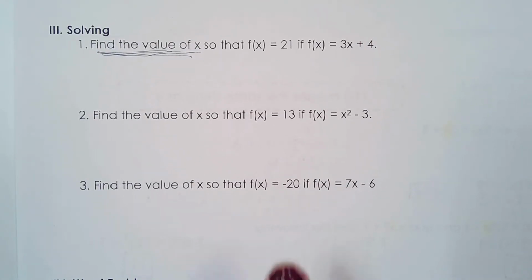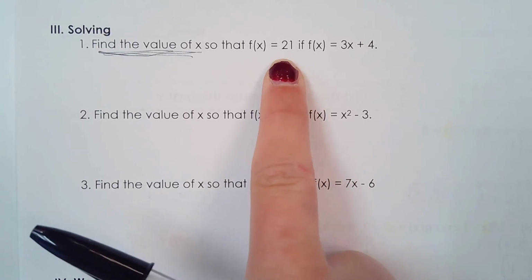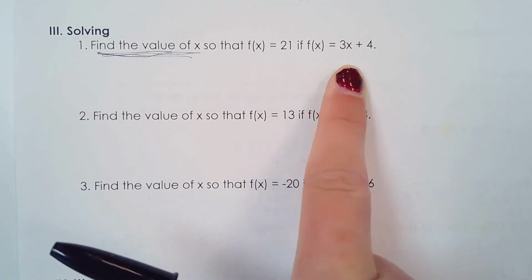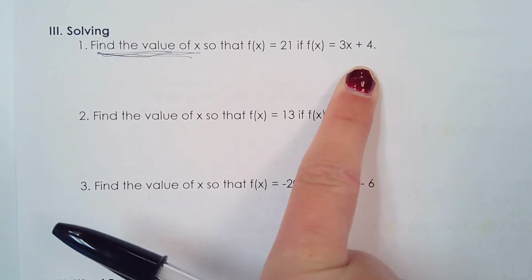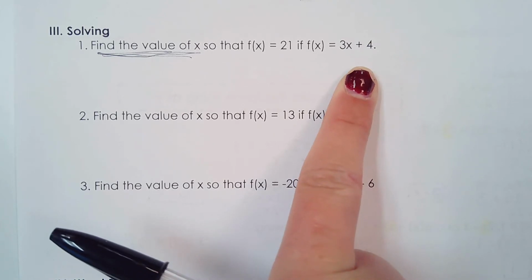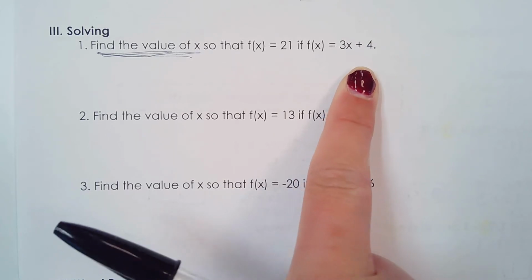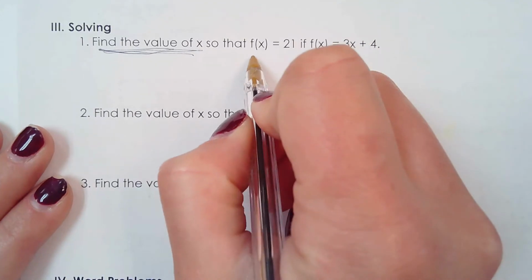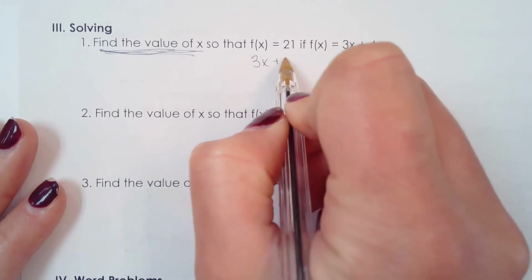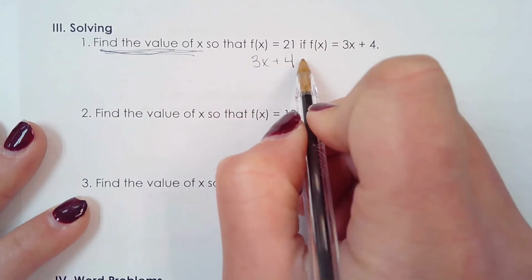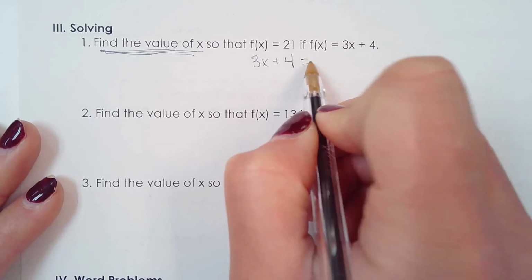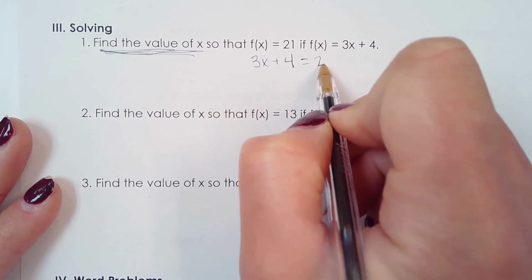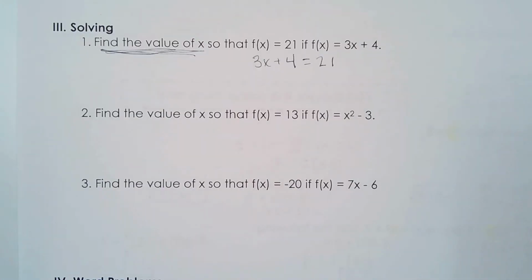So they tell us that f of x equals 21, and your function is 3x plus 4. Any idea how we might set this up? 3x plus 4 equals what? What did they tell you that your function equals? 21. Is that okay? Then you solve.